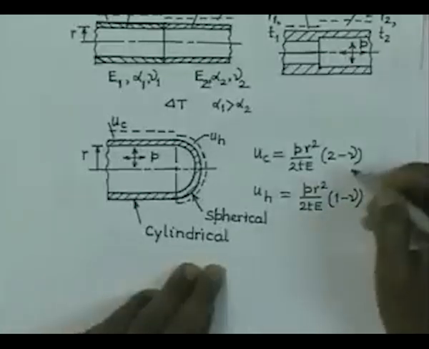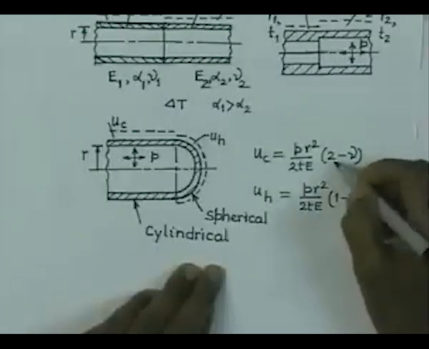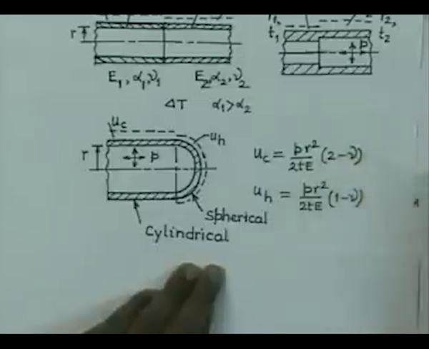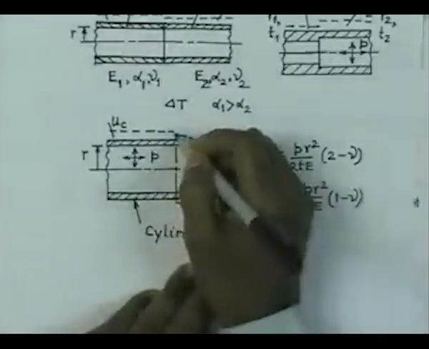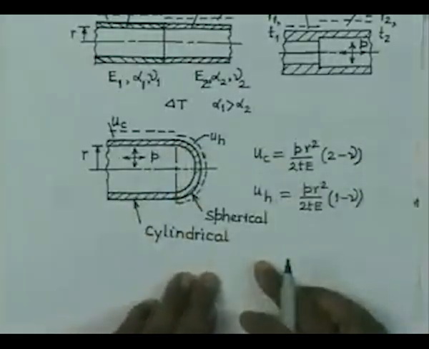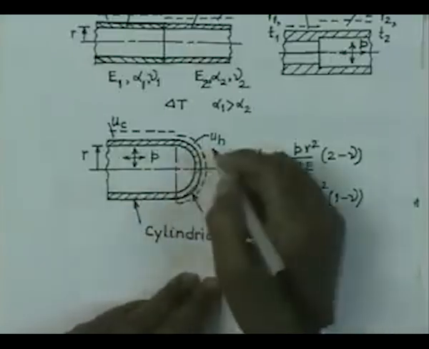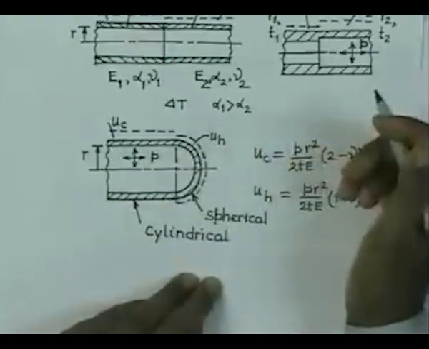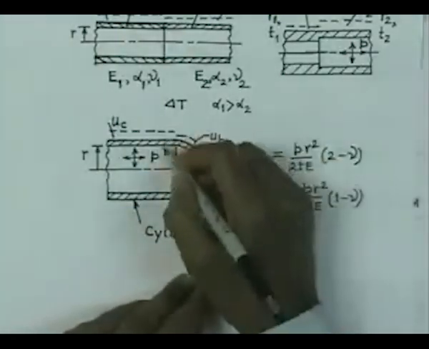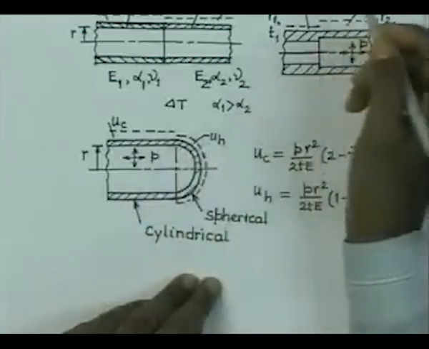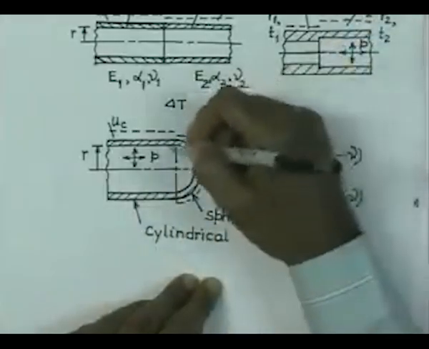Now, if you look into nu is generally very small, if we forget about that part, the expansion of the cylindrical portion is going to be almost double. So, therefore, you get the expansion of the cylindrical portion is very large compared to the head expansion, and therefore, you find that this portion is going to have mismatch under the internal loading, and that will give rise to some local stresses.